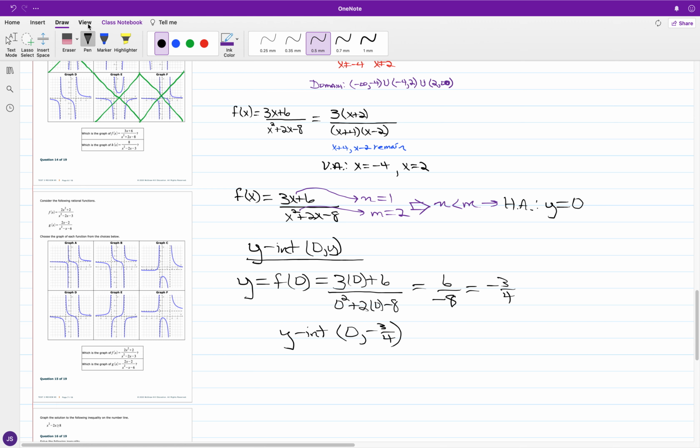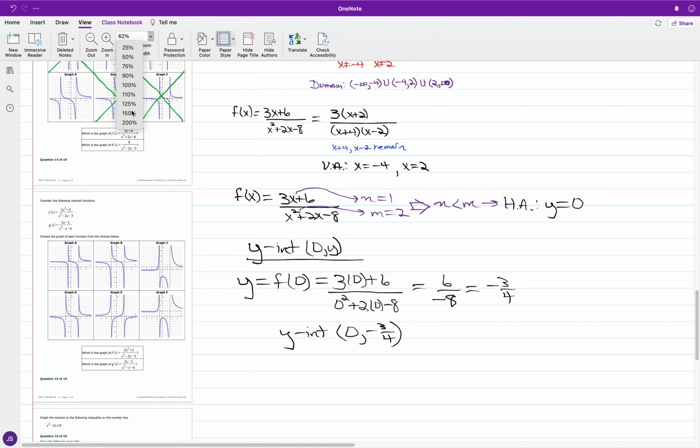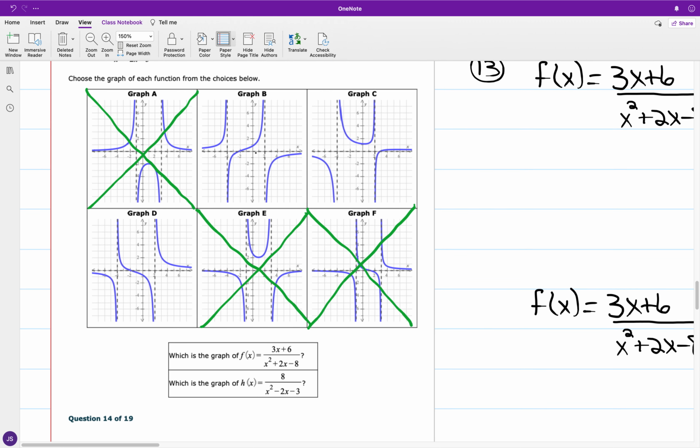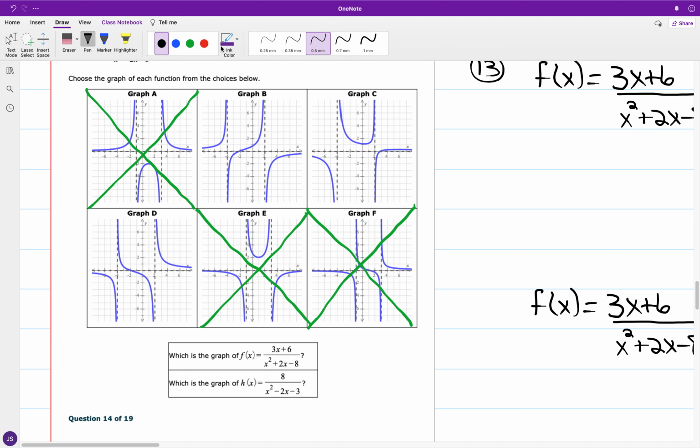And to see what is going to be played out. If you notice for graph B, while we have the same intercepts as we do with graphs C and D, the y-intercept is a positive value. So it's not going to be graph B because we need the y-intercept to be negative. Notice the y-intercept for C is above the x-axis, so you have a positive y-intercept, and we need it to be negative, so C goes out.